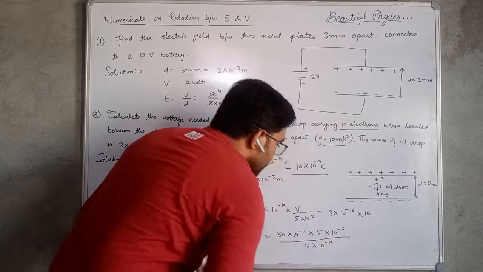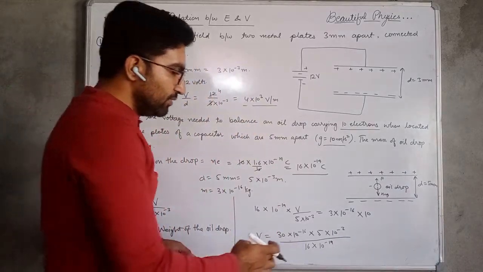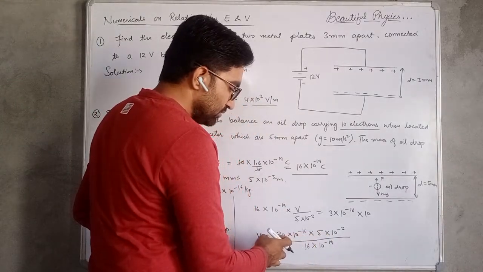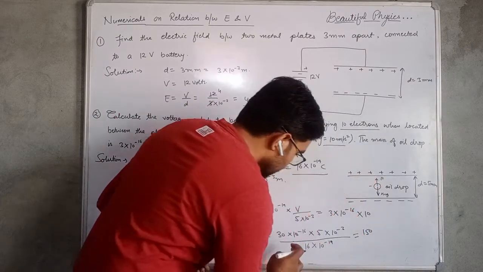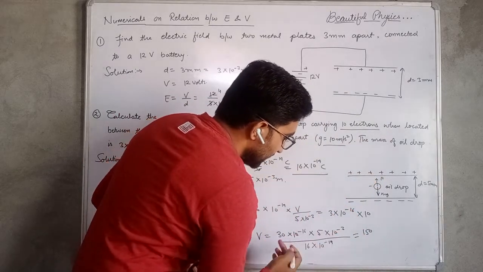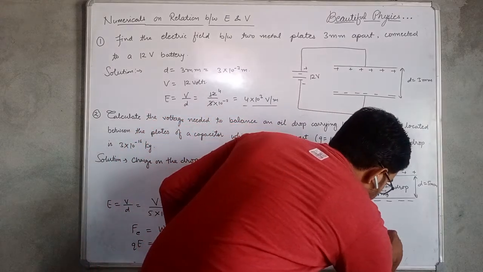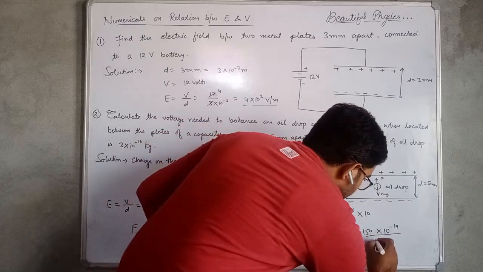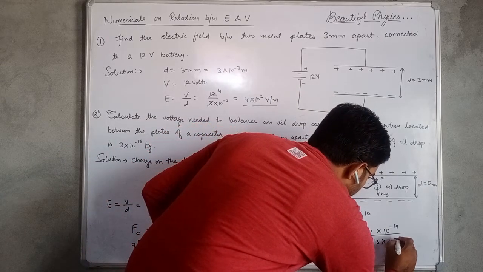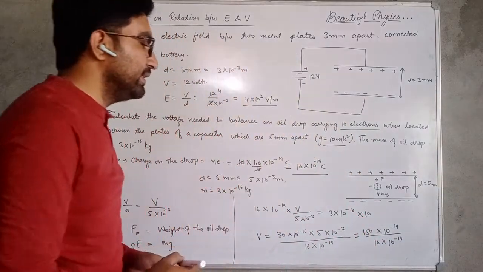When we multiply the terms, 5 threes are 15, so 1500 into 10 raised to power minus 19 divided by 16 into 10 raised to power minus 19.